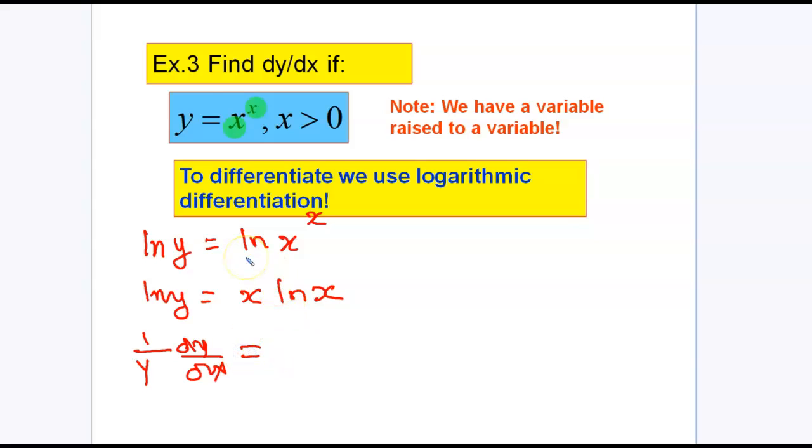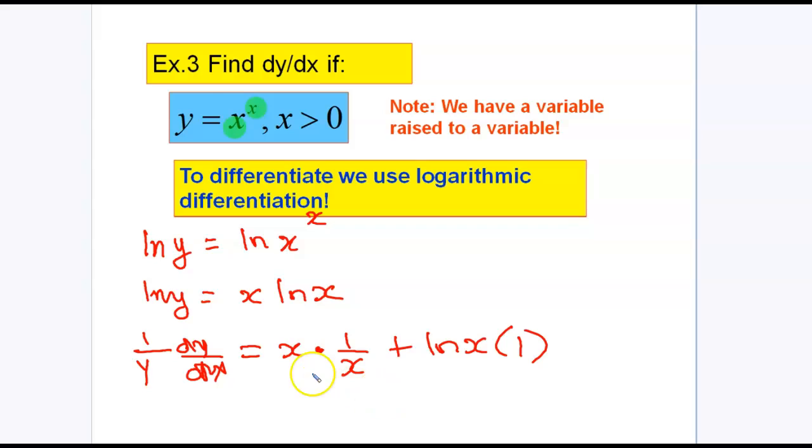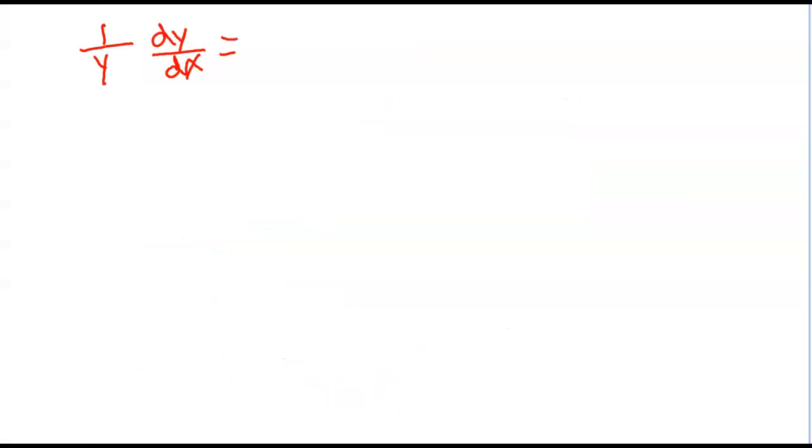equals, on the right side, I have to use the product rule. So it's going to be the first function times the derivative of the second plus the second function times the derivative of the first. If I clean this up, I'm going to get 1 over y dy dx equals, well, x times 1 over x is going to leave me with 1 plus ln x.